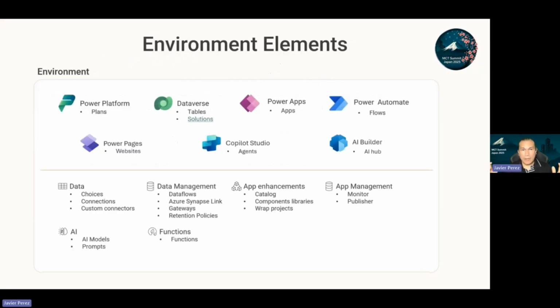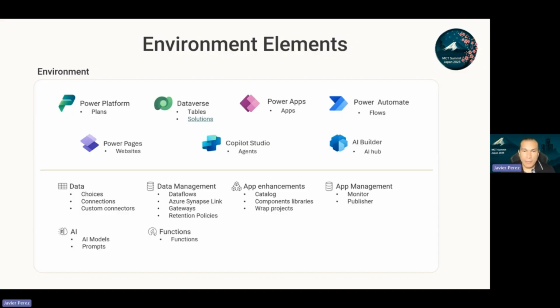Like I said, in the environment we have more than apps and flows. A really nice feature that I like is plans in Power Platform, for building the application, the flow, the process, and the user stories. In the database, we have tables, or we can have virtual tables, which is another very nice feature.